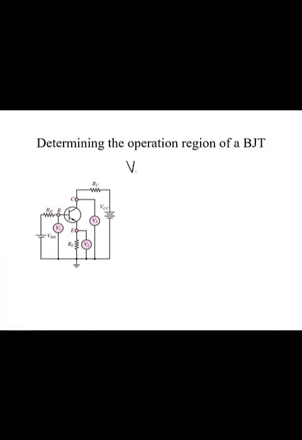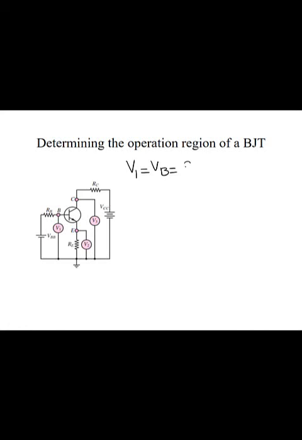So we have V1, which is also equal to V base, is equal to 2.7 volts. We have V2, which is equal to V emitter, is equal to 2 volts. And we have V3, which is equal to V collector, is equal to 2.3 volts.